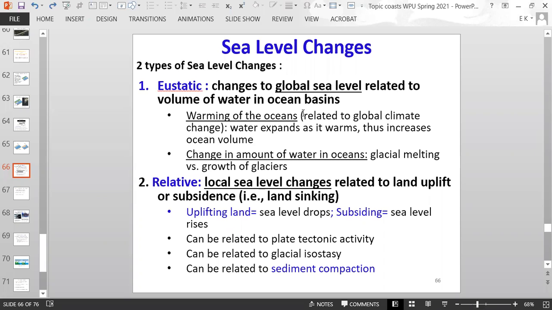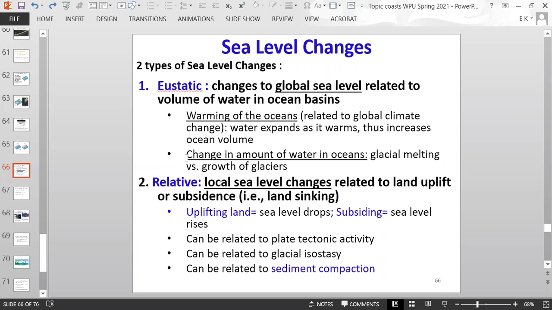So warming of the oceans, which is related to global climate change as the Earth becomes warmer, affects sea level because water actually expands as it gets warmer. So the volume of the water increases because it's expanding. That's just a physical process that water expands when it's warmer. So that itself is increasing ocean volume. That's actually a significant component of sea level rise.